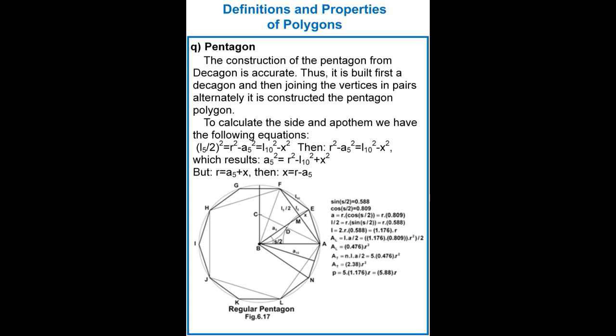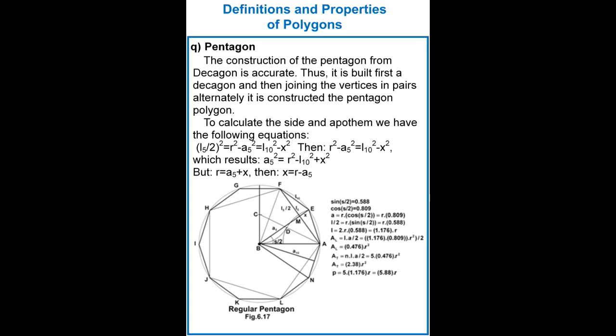Thus, you have the regular pentagon that has half the number of sides of the decagon. Observing the triangle BFM and applying the theorem of Pythagoras, we will have that the square of half of the side of the regular pentagon is equal to the square of the value of the radius minus the square of the value of the bottom of the pentagon.